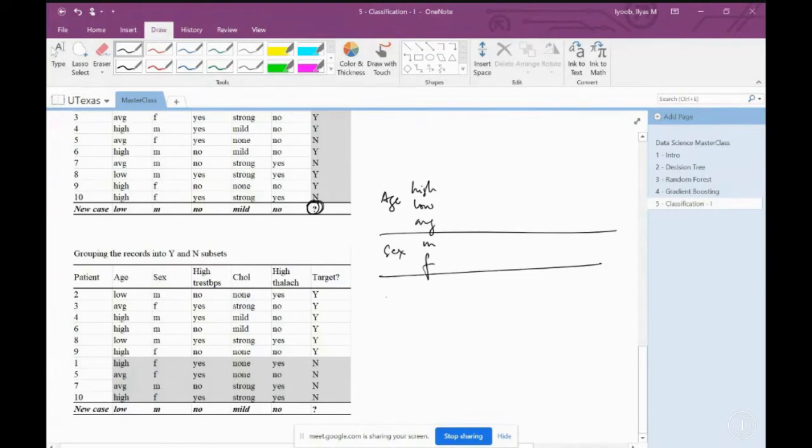High resting blood pressure: yes or no. Cholesterol: strong, mild, or none.